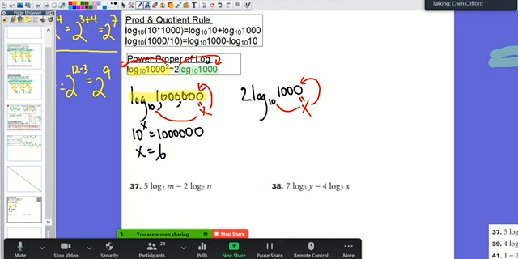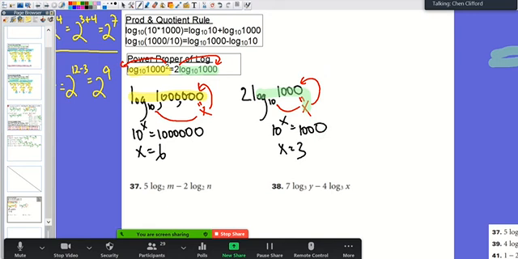Right now I'm only focusing on this, and I get 10 to the power of x is 1,000. 10 to the power of what is 1,000? Again, 10 times itself 3 times will give you 1,000. A shortcut is just to see how many zeros are here.